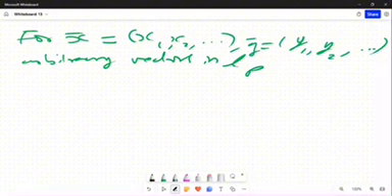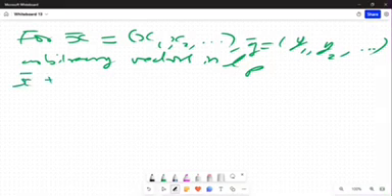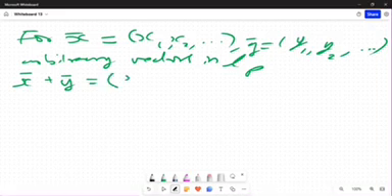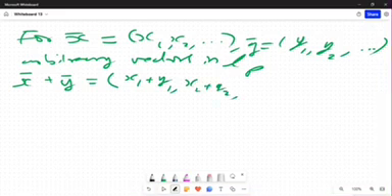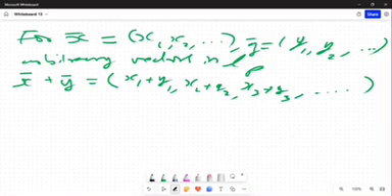And of course, how do you add vectors? I've already taught us how to add vectors. Vector addition, x bar plus y bar: you add vectors component wise. So it's simply x1 plus y1, x2 plus y2, x3 plus y3. You never can finish because each of the vectors is infinite dimensional, but at least we know how to add them.